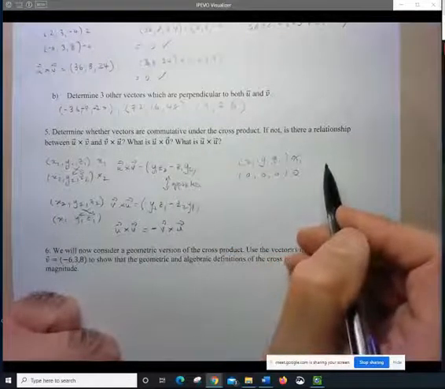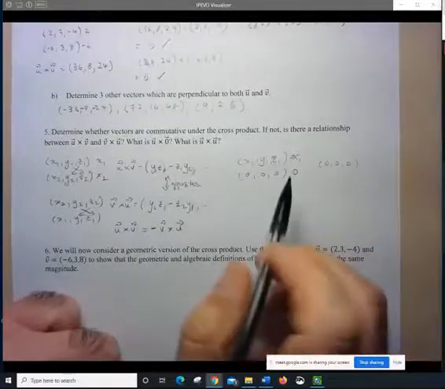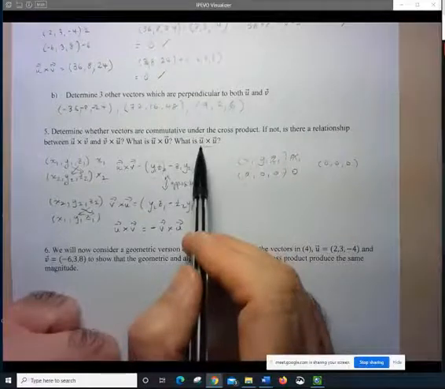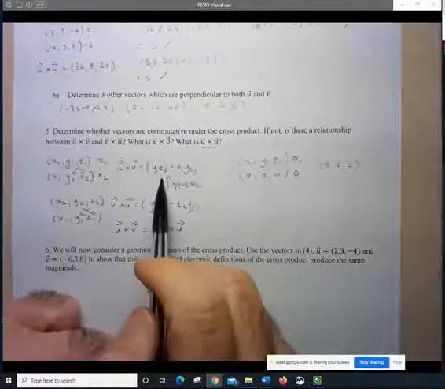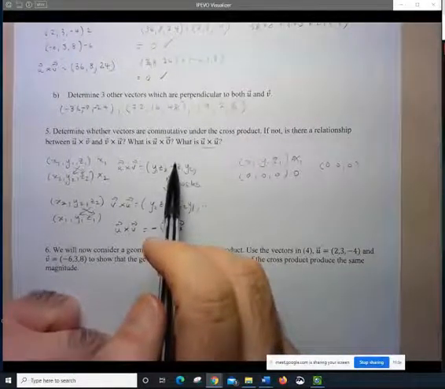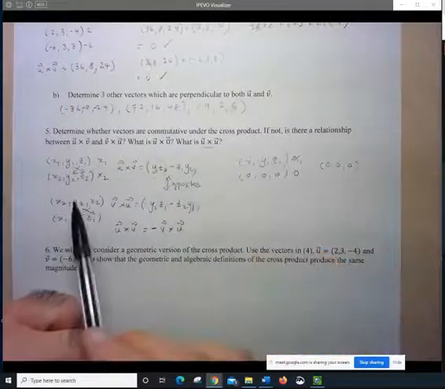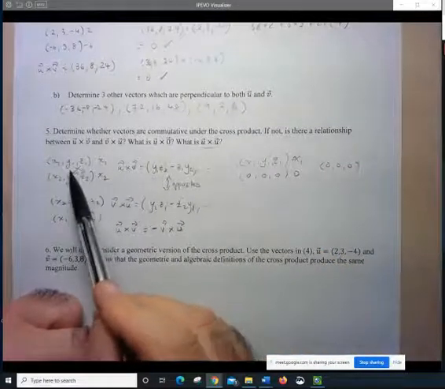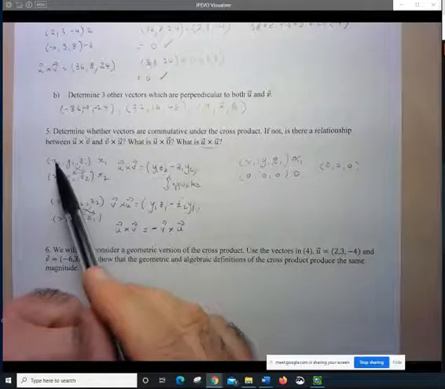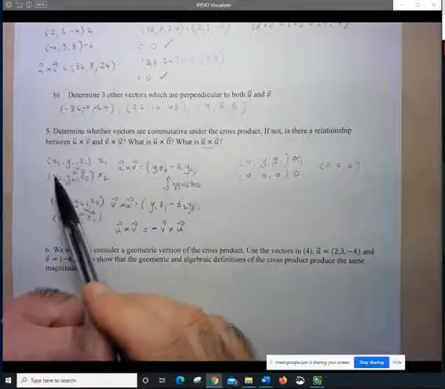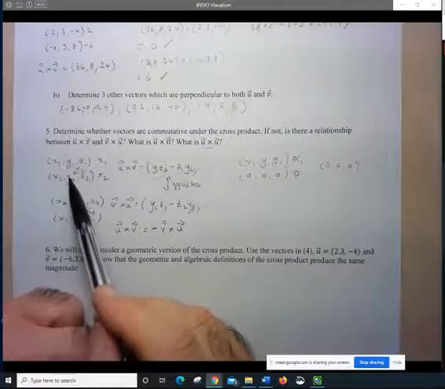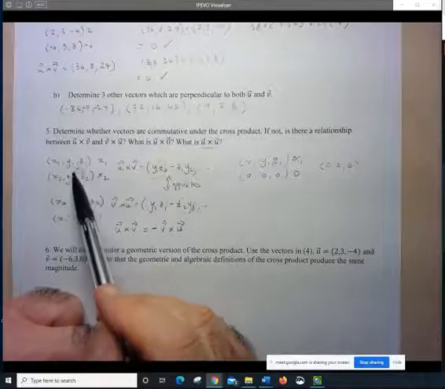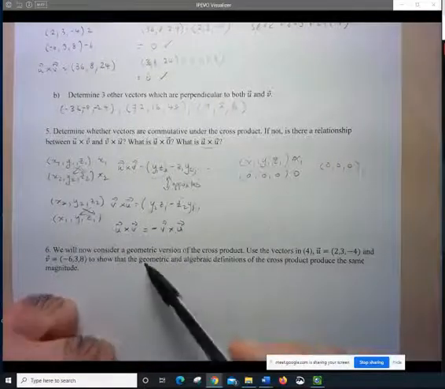So that's just going to give you the 0 vector. You're going to see that the same thing is going to happen when you have a vector crossed with itself, okay? If this is also x1, y1, z1, you're just going to end up with x1 y1 minus y1 x1, or y1 z1 minus z1 y1. They're just all going to be equal to 0.